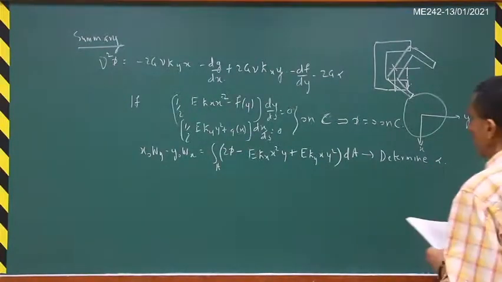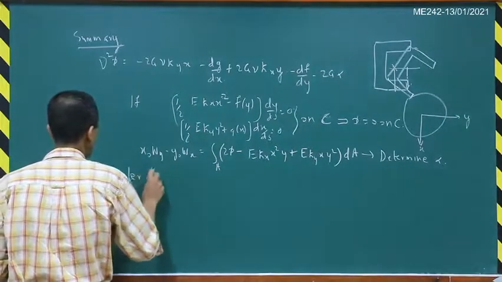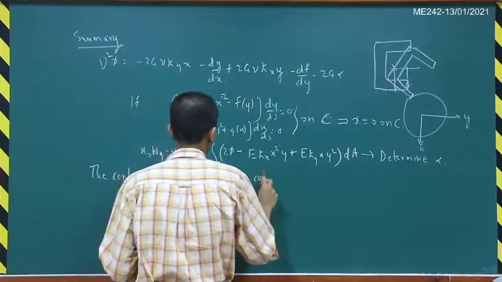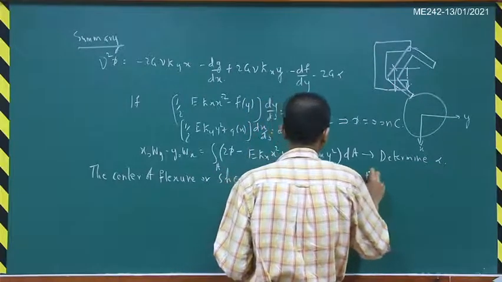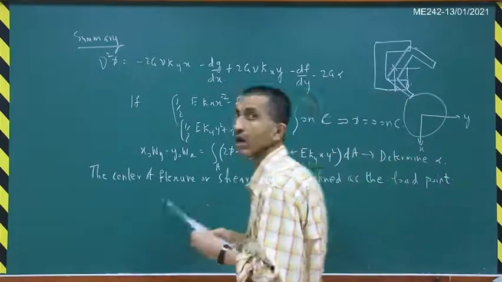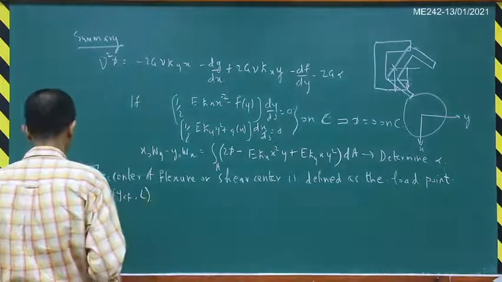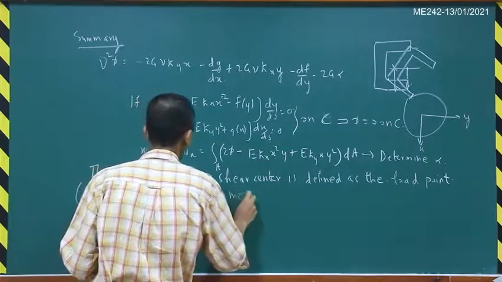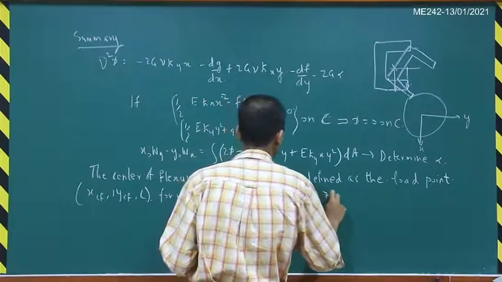So let us now define the shear center. The center of flexure or shear center is defined as the load point x CF, y CF, for which the mean twist alpha is 0.